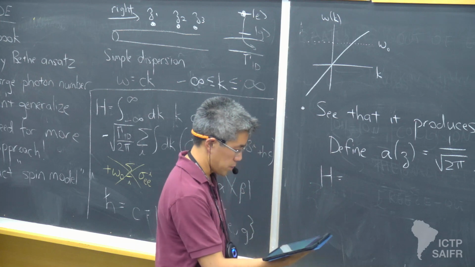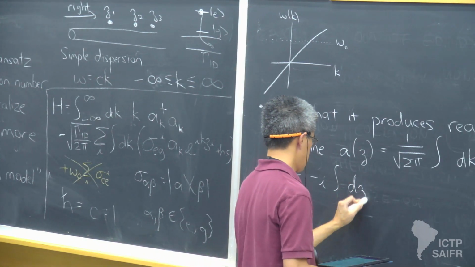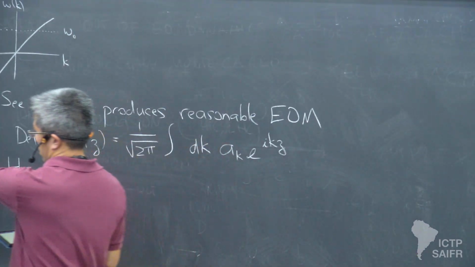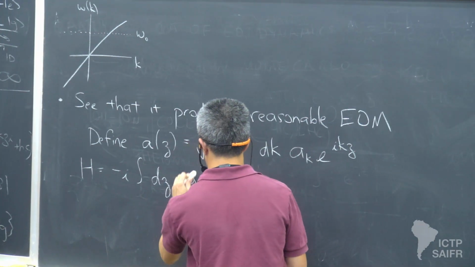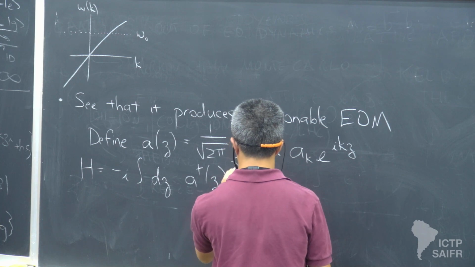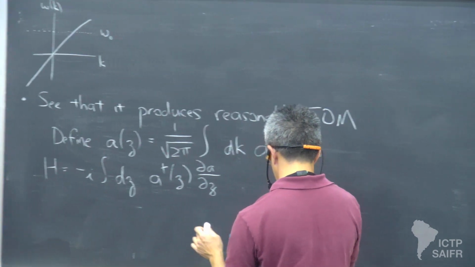It's straightforward to show that with this definition, you can rewrite this same Hamiltonian in position space in the following way.